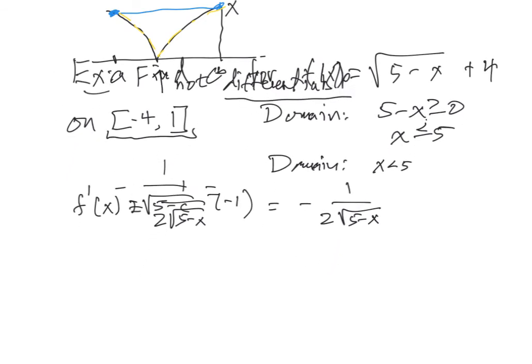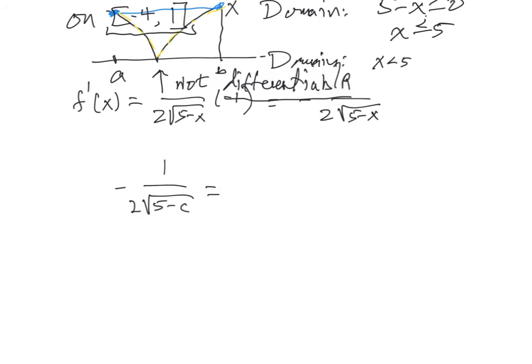So here is the function over here, and let's write it down below. Square root of 5 minus x plus 4. And the interval is -4 to 1.